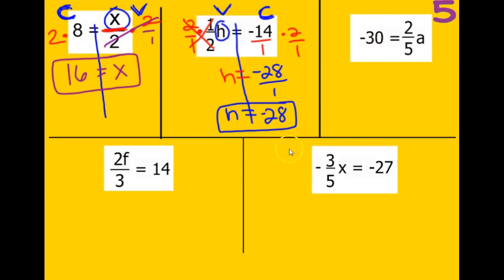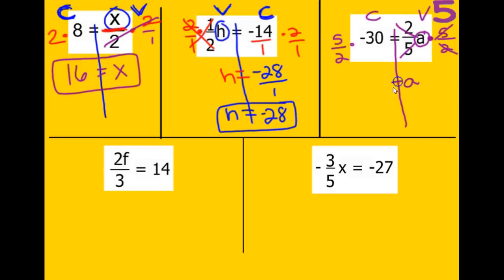Alright, a couple more fraction ones. Multiply by the reciprocal to get rid of our fraction here. Our variables on the right, our constants on the left. So instead of multiplying by 2/5, we're multiplying by 5 over 2. 5 over 5 is just 1. 2 over 2 is just 1.